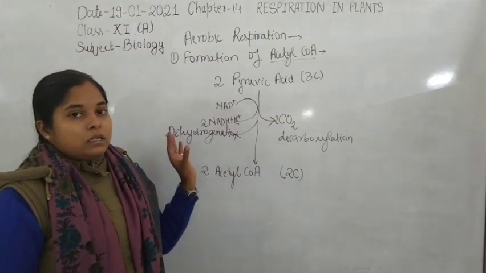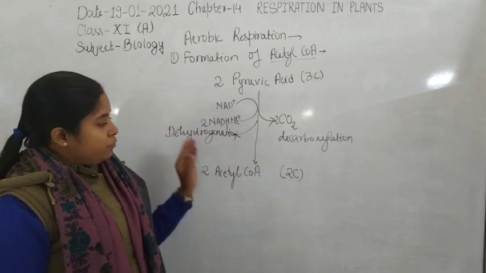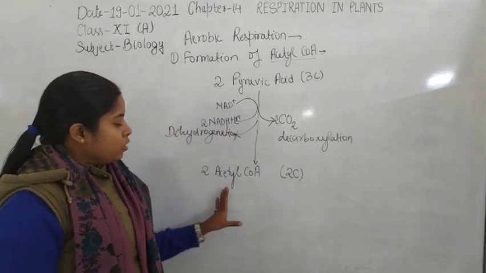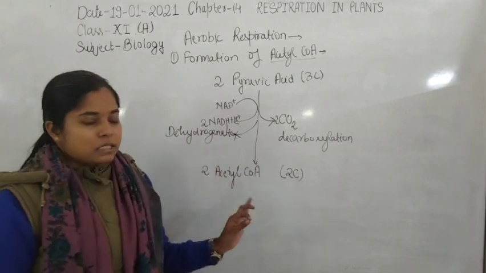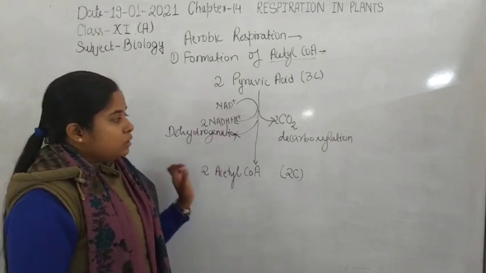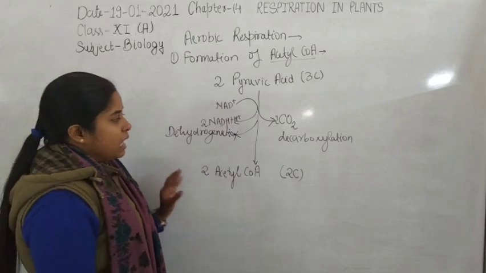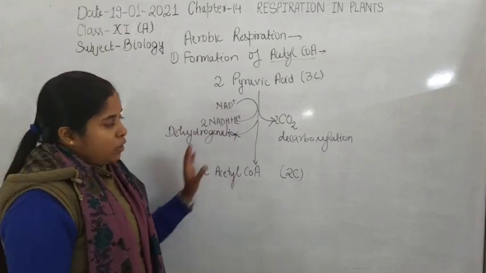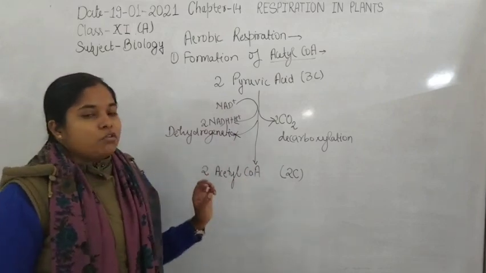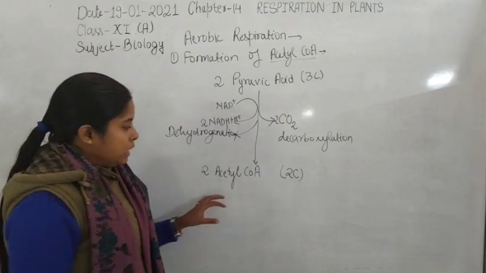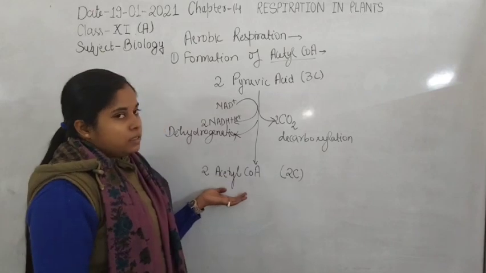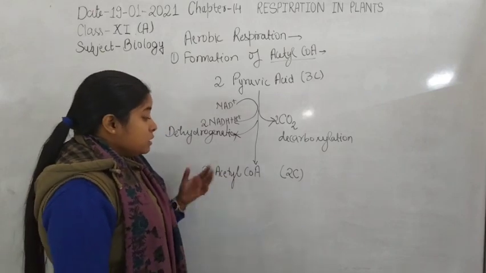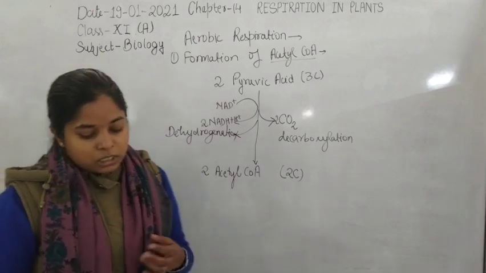Then from the cytosol, the pyruvic acid is transported into the mitochondria, where the mitochondrial matrix has the pyruvic dehydrogenase enzyme and carboxylase enzyme. With the help of these enzymes, finally 2 molecule of acetyl coenzyme A form by the whole process, and inside the mitochondria the acetyl coenzyme A undergoes the Krebs cycle.